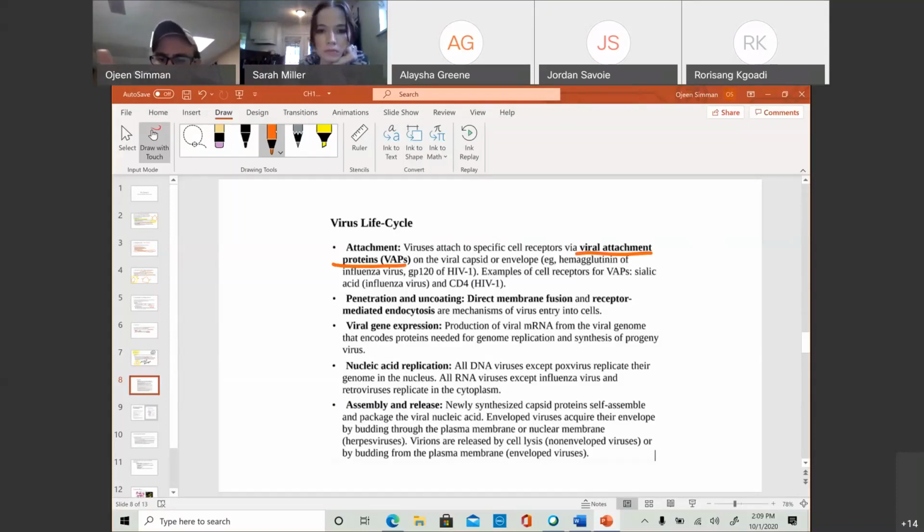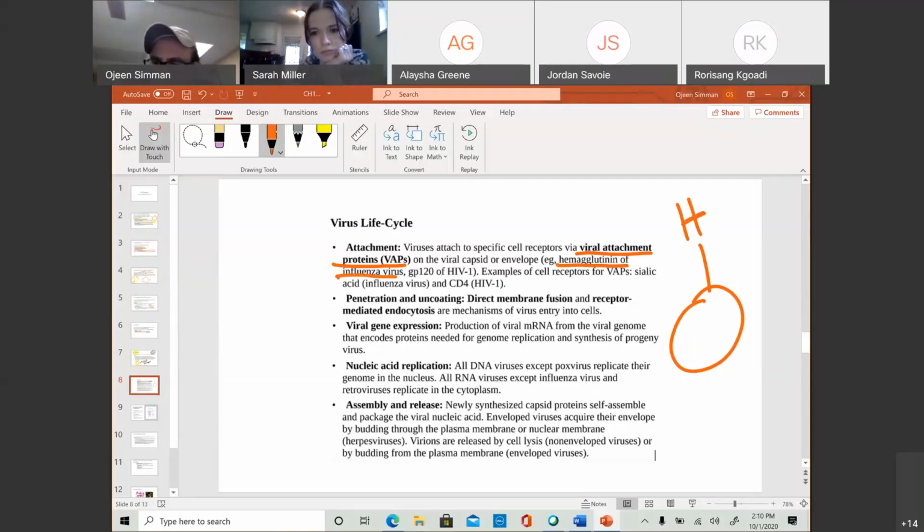I want you guys to know these examples, okay? The hemagglutinin of influenza virus. So the influenza virus has the hemagglutinin receptor, okay?